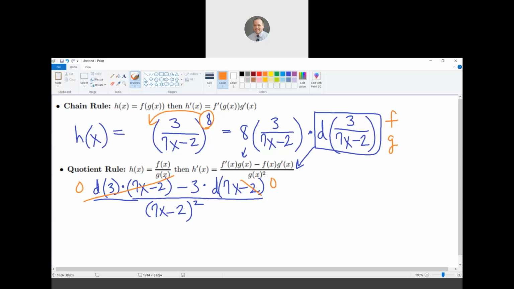And finally, the derivative of 7x is just plain 7. So our derivative part here, this part of the chain rule, is negative 21 all over our denominator squared.